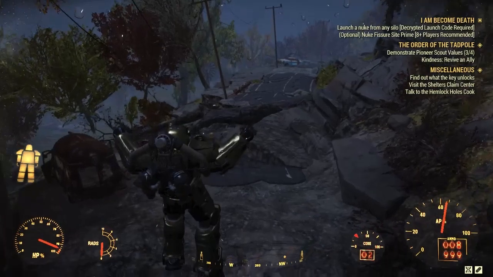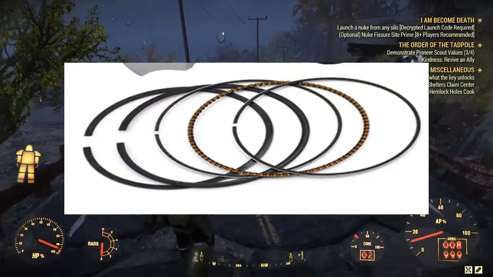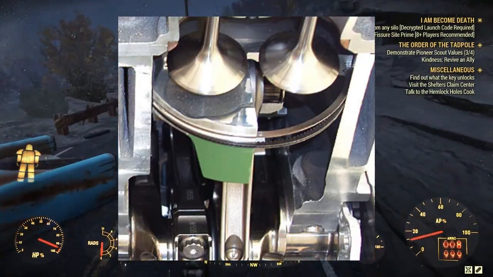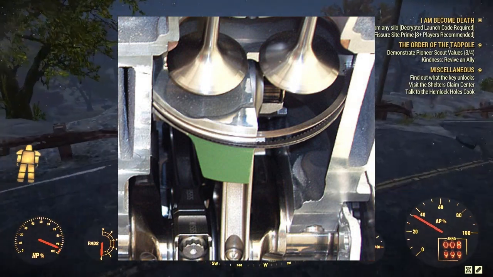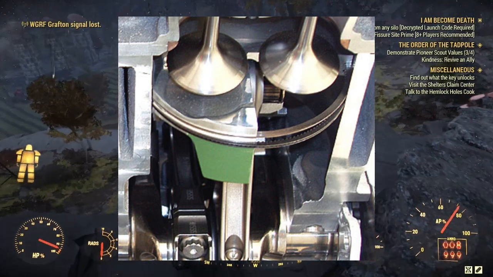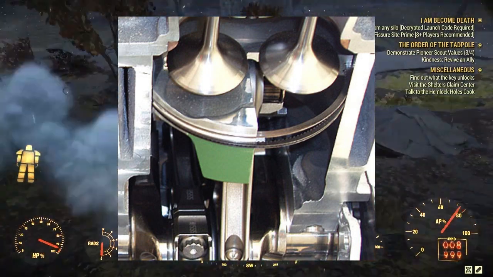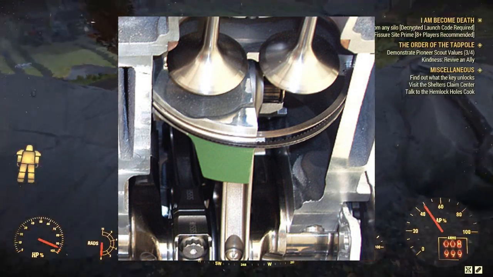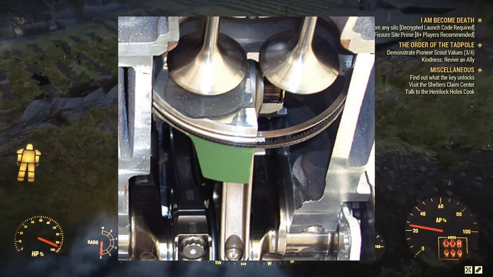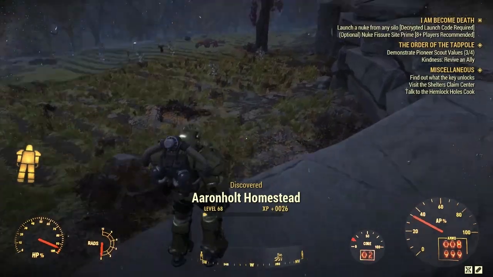They use a thing called rings, or piston rings. They basically expand, and they fill the gap between the piston and the engine block cylinder walls, because once again it's basically a big old cylinder that the piston slides into.